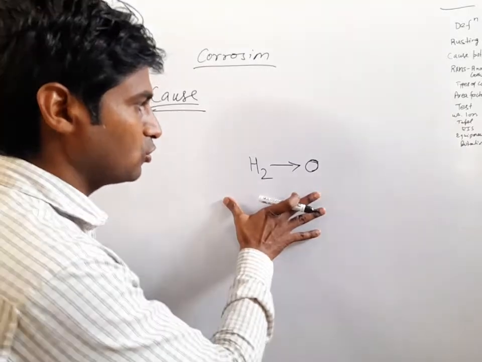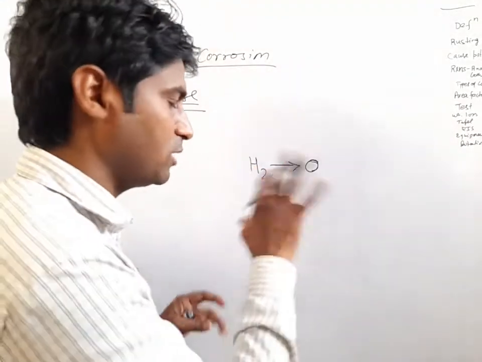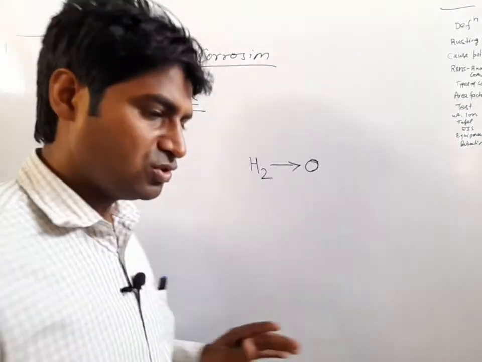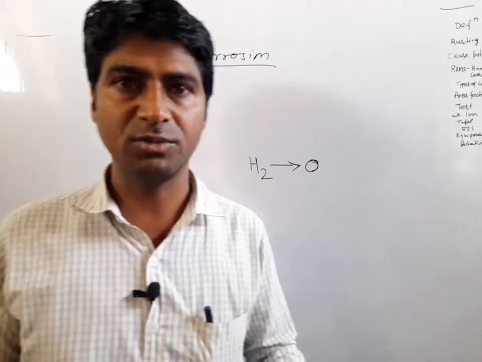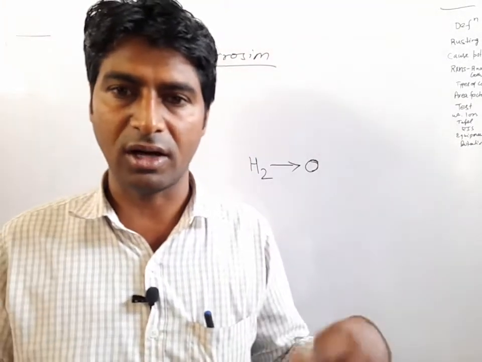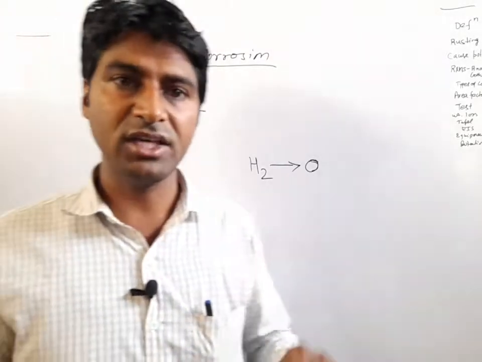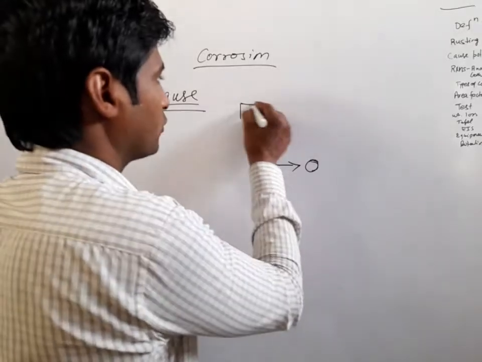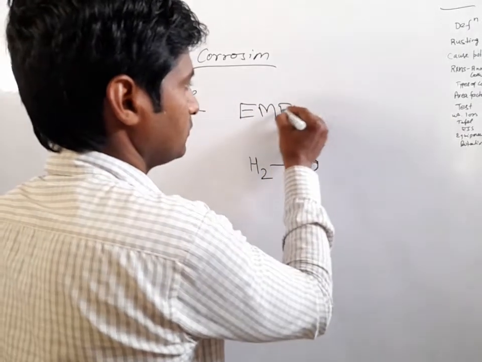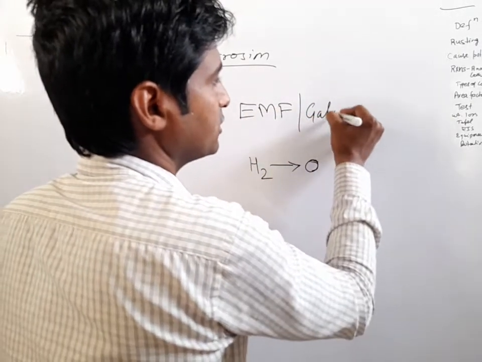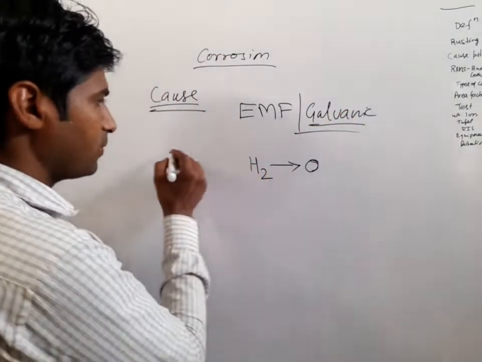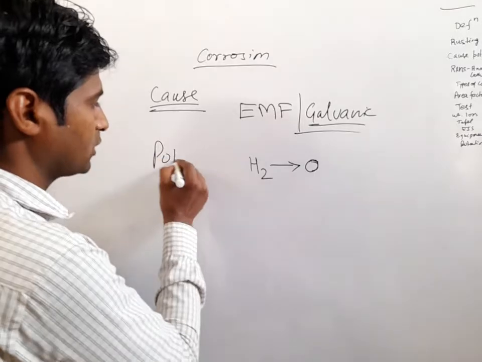The series which shows this potential difference between the various metals or alloys is called the EMF series or galvanic series. This basically shows the potential difference.